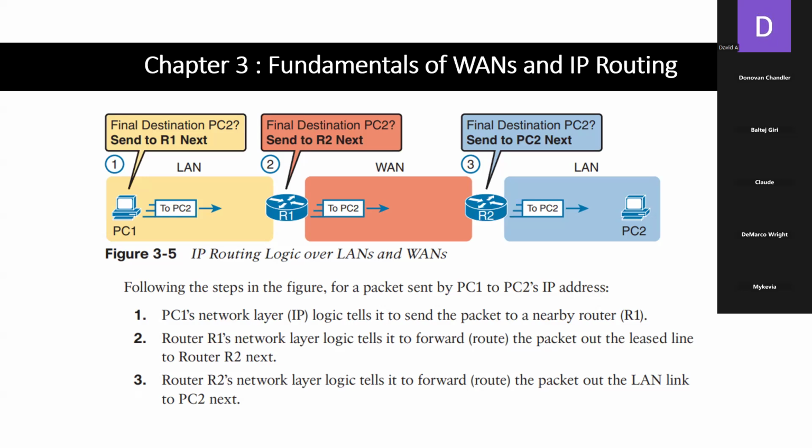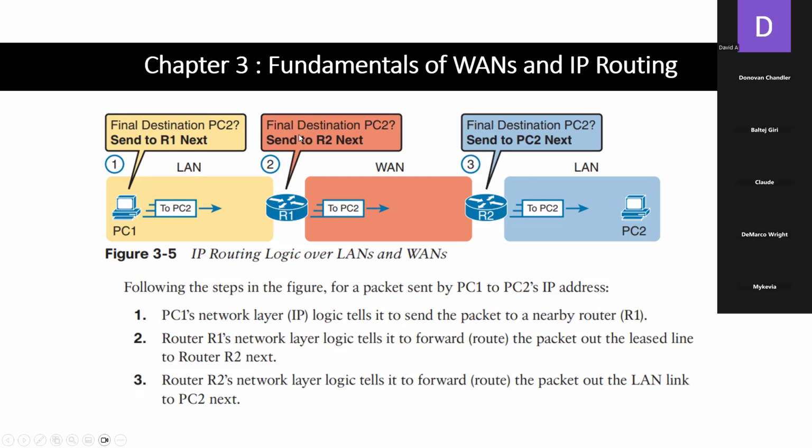Then we look at step three. Router R2's network layer logic tells it to forward or route the packet out the LAN link to PC2. Simple enough. We have a LAN, we have a WAN, and then we have a LAN.